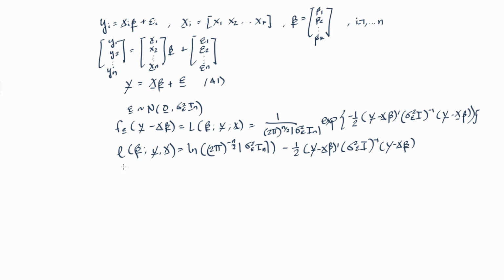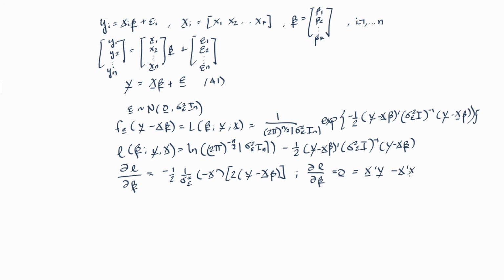That's why we get the first derivative of the log likelihood function with respect to beta. And this is just negative 1/2 times 1 over sigma squared epsilon times negative X prime times 2 times (y minus X beta), which we equate to 0, giving us X prime y minus X prime X beta.